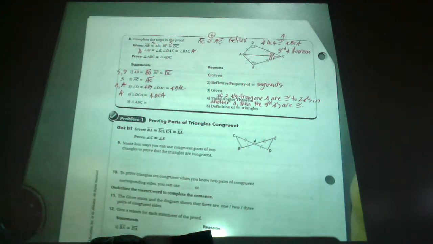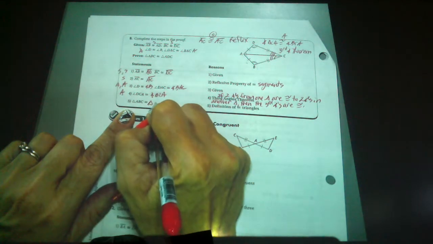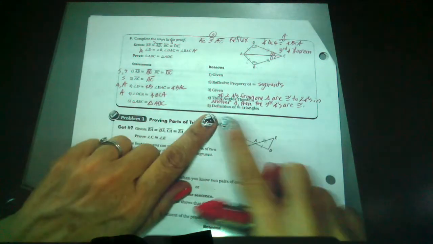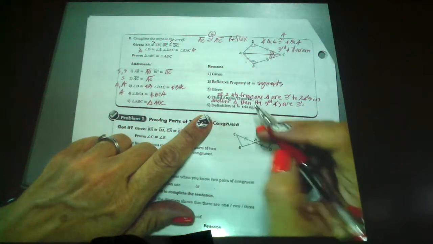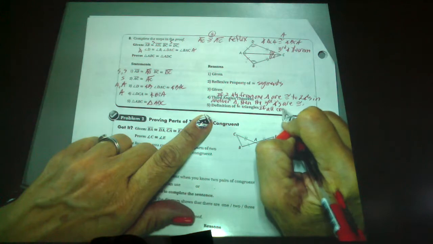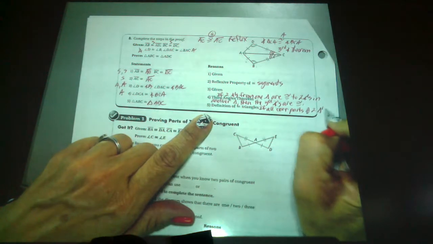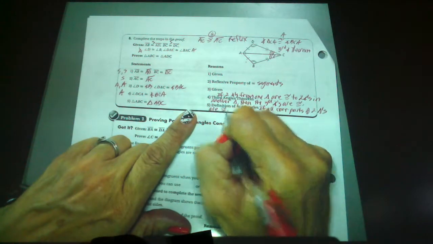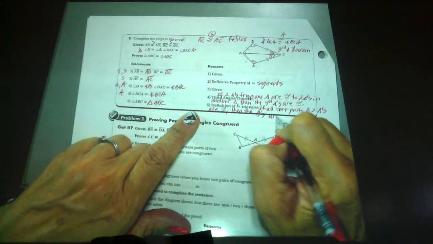The whole point of this proof is to remind you that all corresponding parts of congruent triangles are congruent, some way or fashion. So the two triangles, ABC and triangle ABC, are congruent, and they put here definition of congruent triangles. I'm going to put in here: if all corresponding parts of two triangles are congruent, then the triangles are congruent.